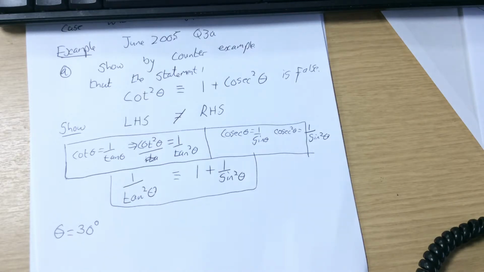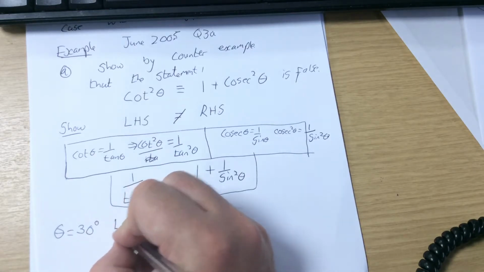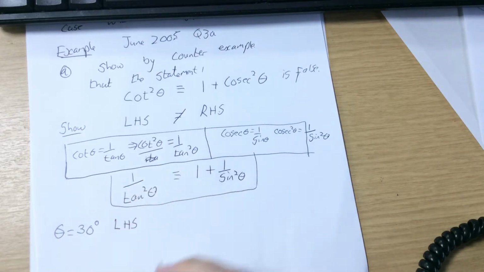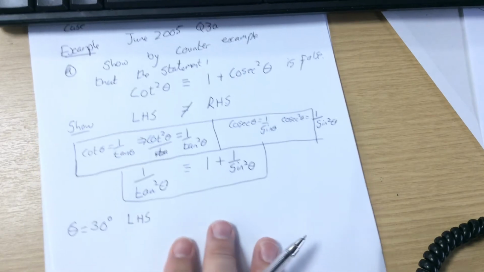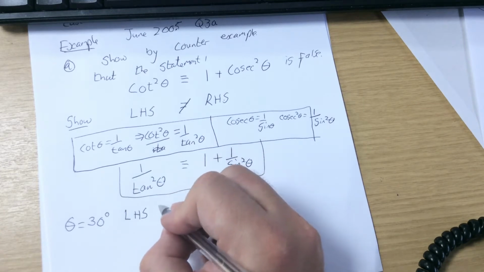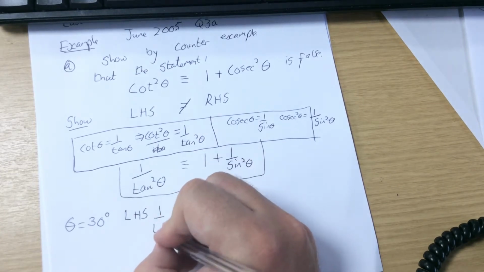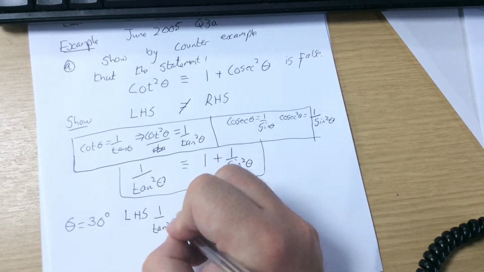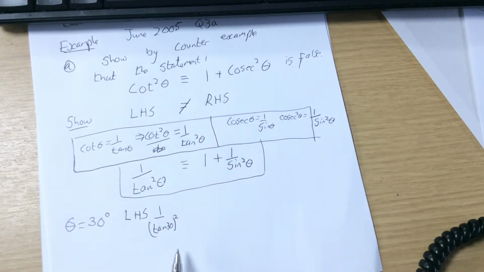So my left hand side, LHS stands for left hand side, I would just be doing 1 over tan of 30 squared, because that means tan of 30 squared.